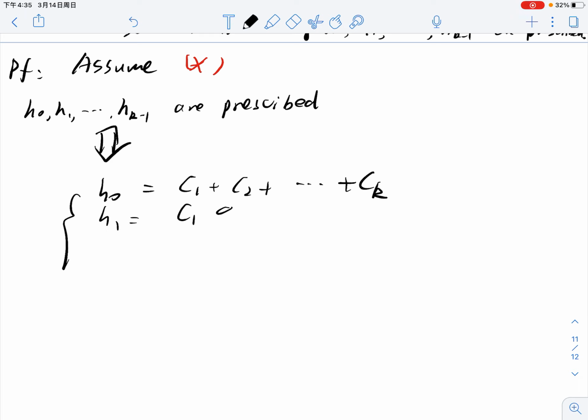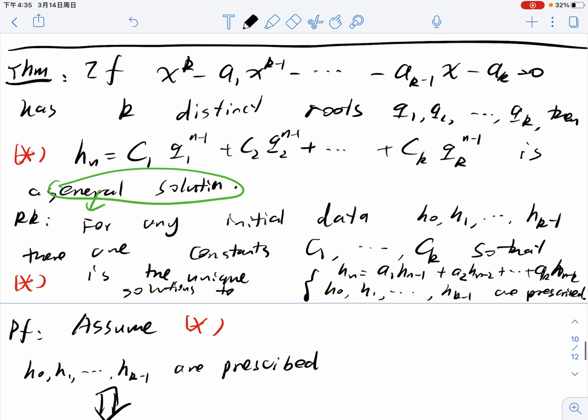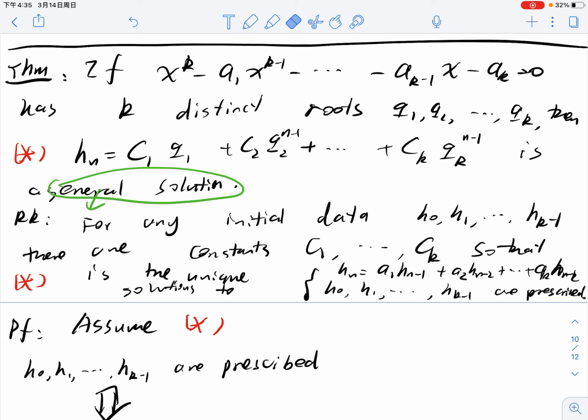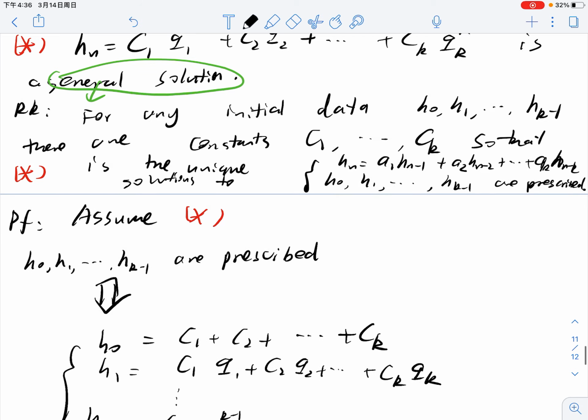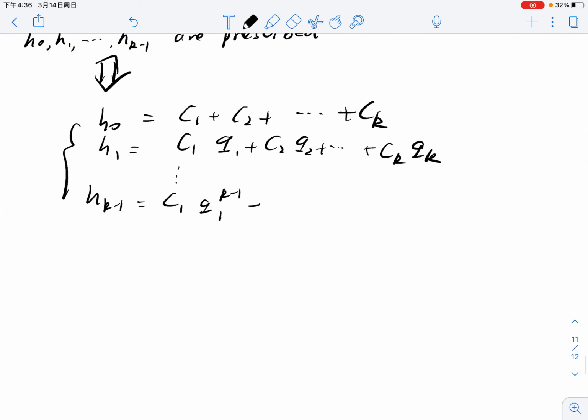H1 is C1 Q1 plus C2 Q2 plus all the way to Ck Qk. Hk minus 1 is C1 Q1 to the k minus 1, and so on. Oh, here I made a mistake. Here you don't have minus 1. The power is n. And that doesn't really matter because you can redefine C1 to be C1 times Q1, then you have a new formula in the previous form. Not a big deal.